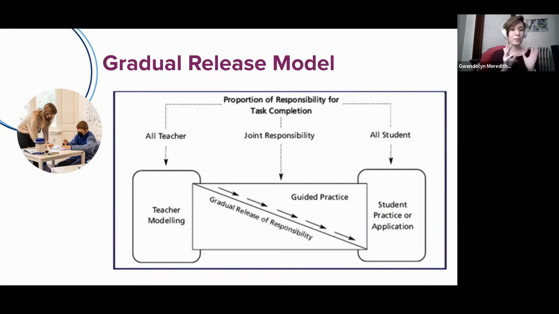So what we do is we model and have students have maximum support at the beginning, and then slowly and gradually give them more and more responsibility.